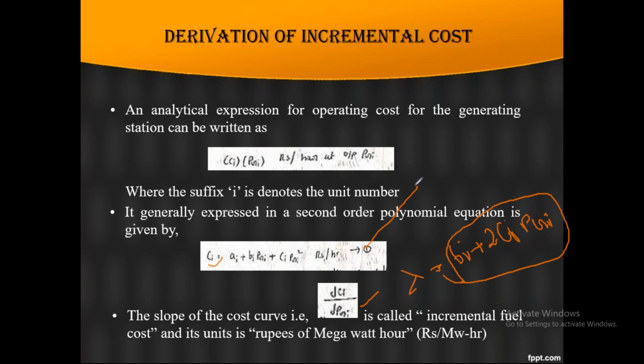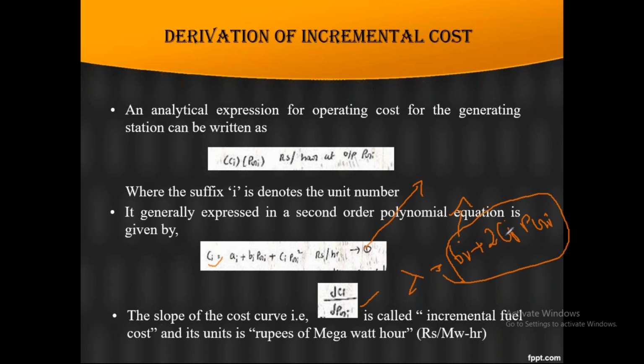So this is the normal cost equation and this is the incremental cost equation. Just remember that. When the equation is in second order quadratic form, it is the normal second order polynomial equation of cost. When it is differentiated with respect to Pgi, it is called the incremental fuel rate. We have to use this equation for obtaining the scheduling.